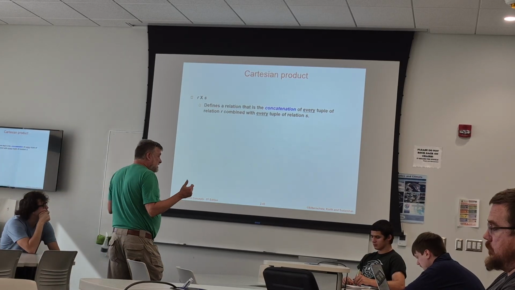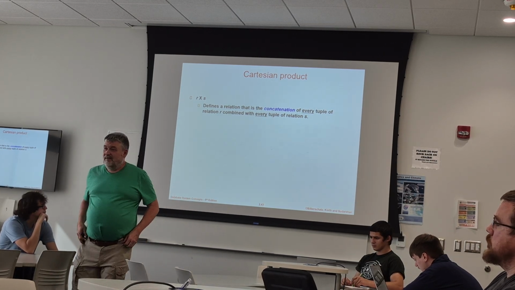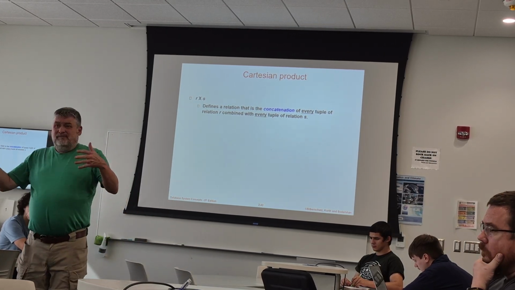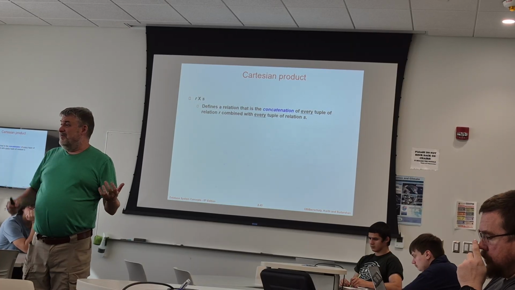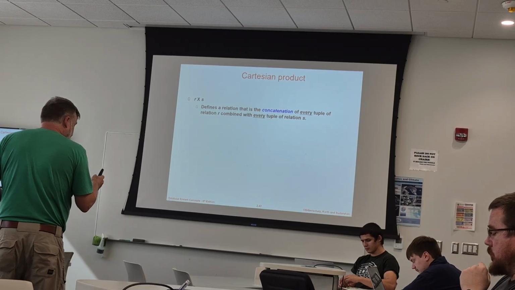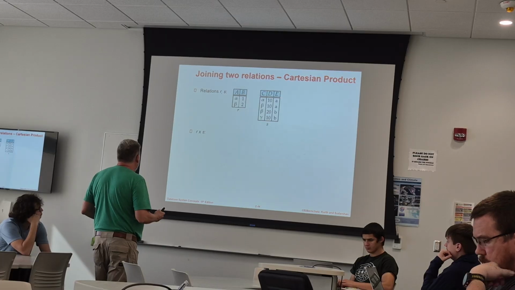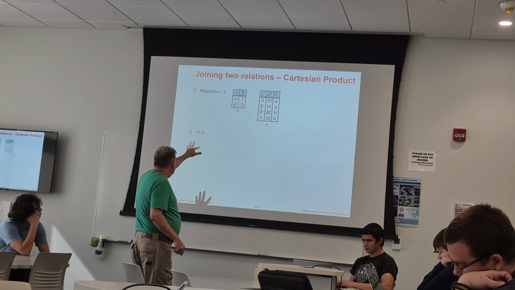Does that make sense? Do you have an okay picture for that in your mind? That's the definition. And now I'm just going to show you examples with my Greek letter tables, blue tables that you saw on Monday. Let's say that my relations R and S are these two here.